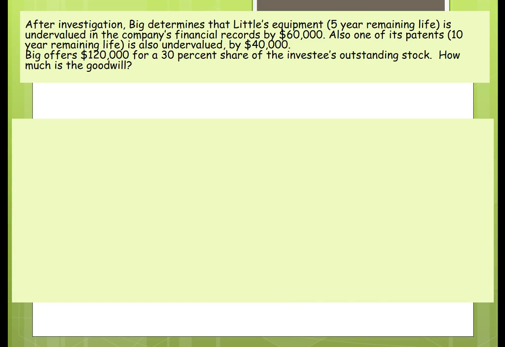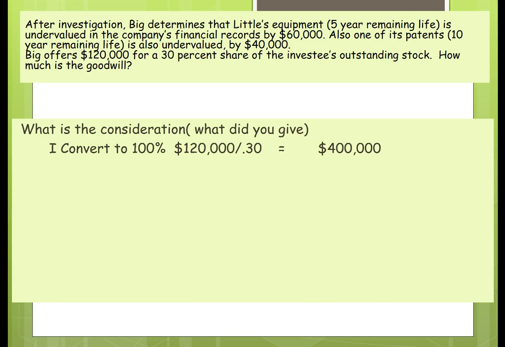So again, we've got this information, and the first thing we need to do is figure out what is the goodwill. What I like to do, if I have 100% of the book value and the assets, is convert the consideration to figure out the fair market value of 100% of the company.